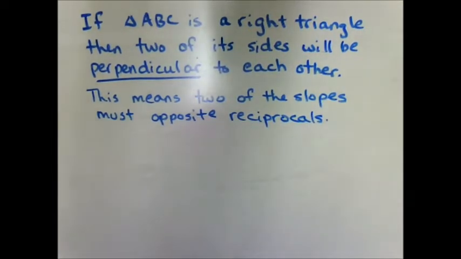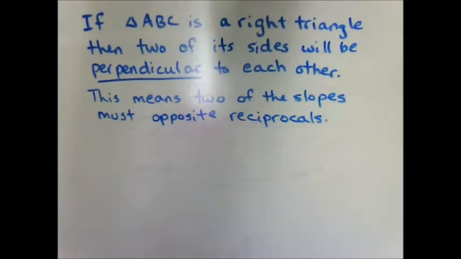If they are, then we know that we are dealing with a right-angled triangle. Another strategy that we could use is to calculate the lengths of all 3 sides and check if those lengths satisfy the Pythagorean theorem, if a squared plus b squared does equal c squared. If it does, we will know that we're working with a right-angled triangle.